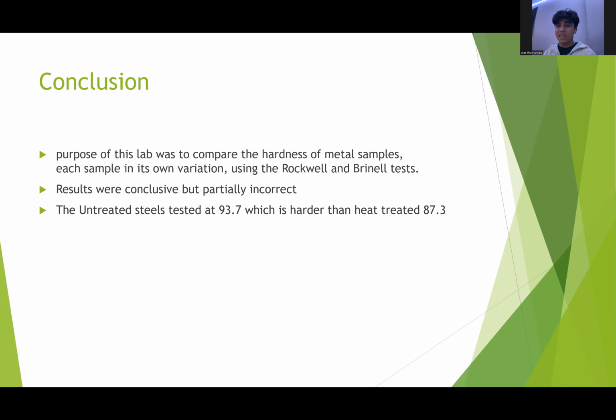And as Mario said, we think it's because of the flakes of the steel, we were not able to get an accurate measure. The data we got was that the untreated steel was 93.7 on the hardness scale, and the heated one was 87.3. So usually it should be the opposite, or maybe the heated one should have been more than 93.7.